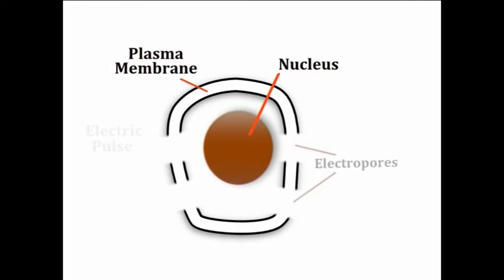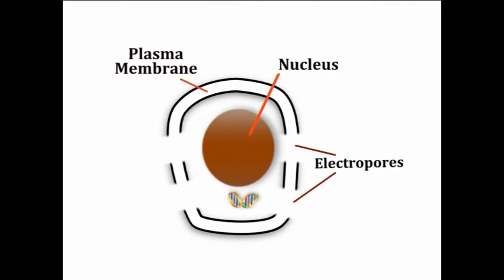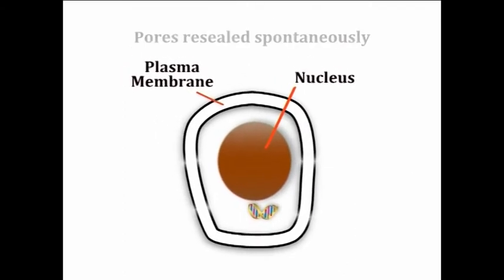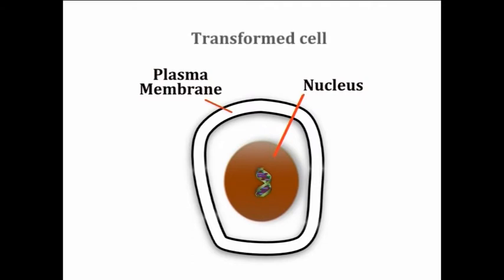These pores are called electropores, which allow the entry of DNA molecules, ions, and water from one side of the membrane to another.